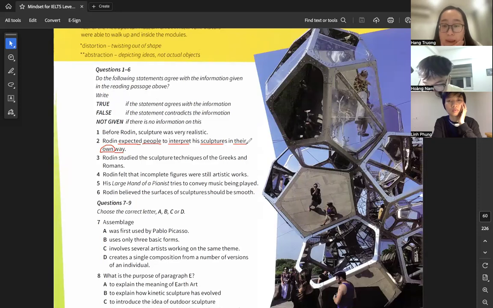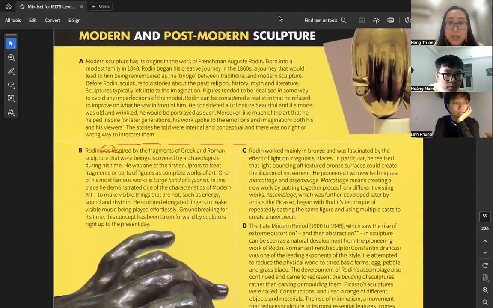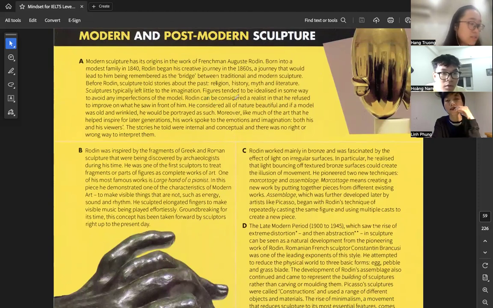Okay, so both Hua and Ling, you have the answer true. Now, Hua, in which part did you find the answer? Last sentence in paragraph A. Okay, the stories he told were internal and conceptual. So it's very abstract and it doesn't have a fixed structure to it, right?